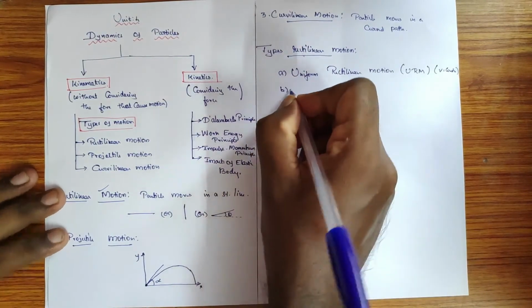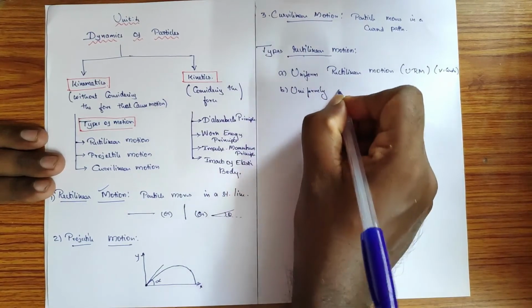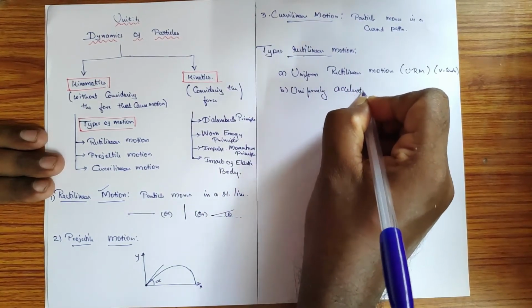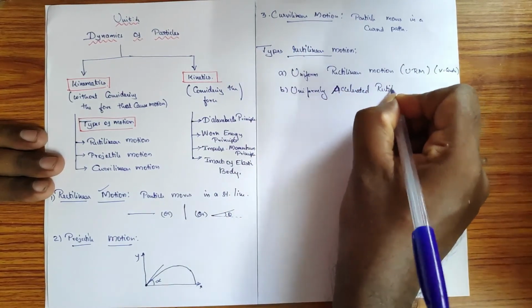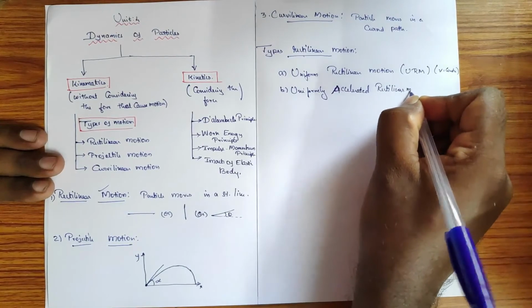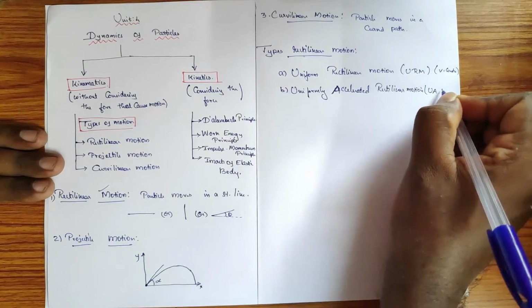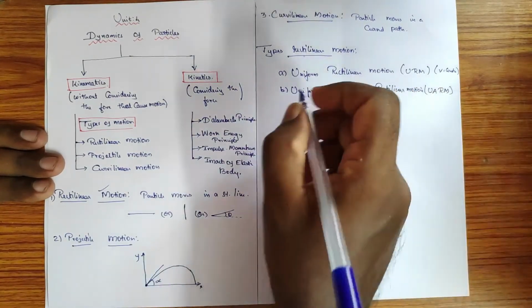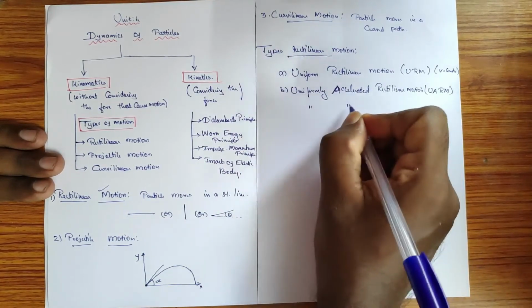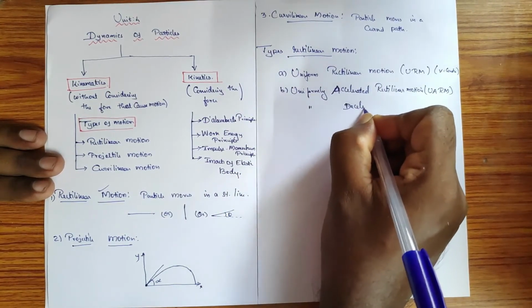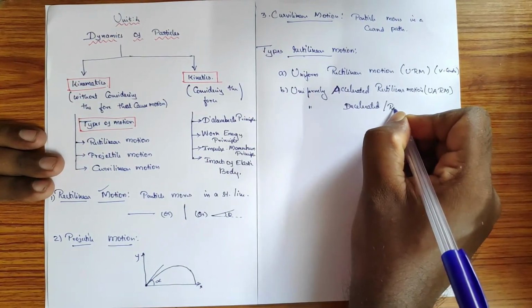And the second is uniformly accelerated rectilinear motion, in short UARM, uniformly accelerated, or else uniformly decelerated or retarded.